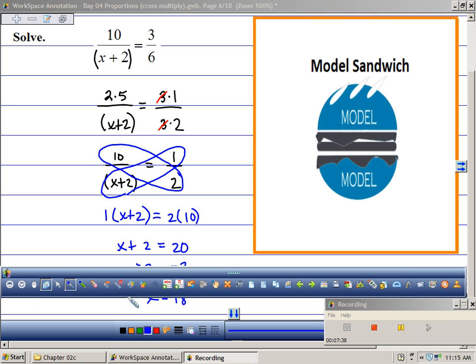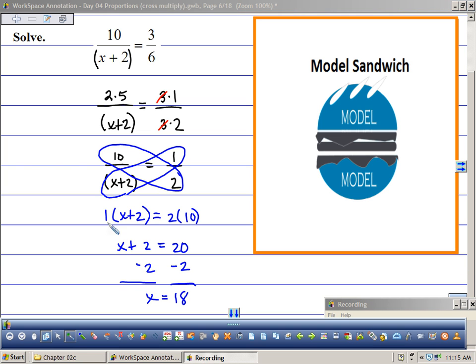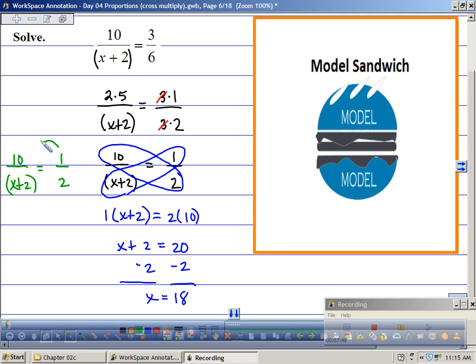Let's look at this. I'm going to do this one in green. So 10 over the quantity x plus 2 equals 1/2. Isn't 1 times 10 equal to 10?